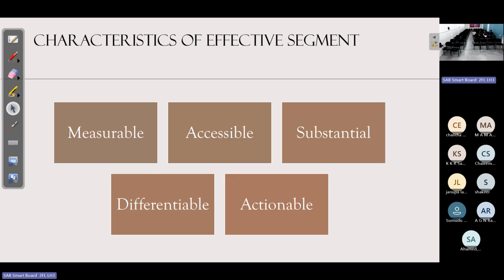Then you can write down this topic, characteristics of effective segment.